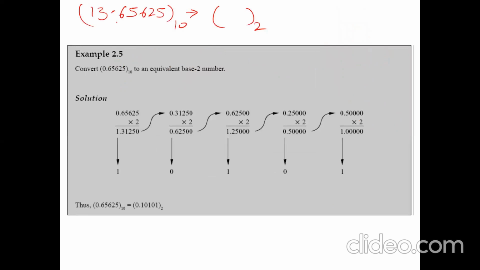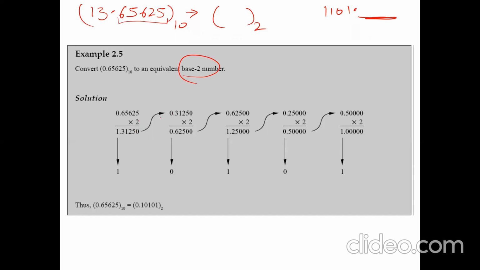We have to do the fraction part in a similar fashion. Now we want this part. How can you find this part? Multiply this fraction part with 2. Why 2? Because we want to convert it into base 2. Suppose we want to convert it into base 8, you can multiply it by 8. If you want to convert it into base 16, you can multiply it by 16.